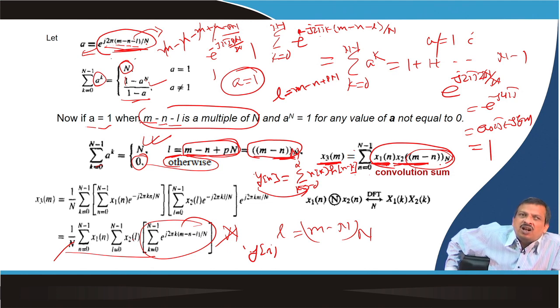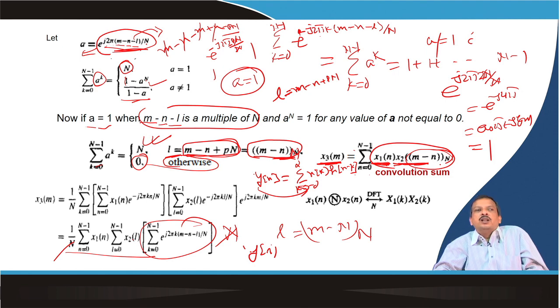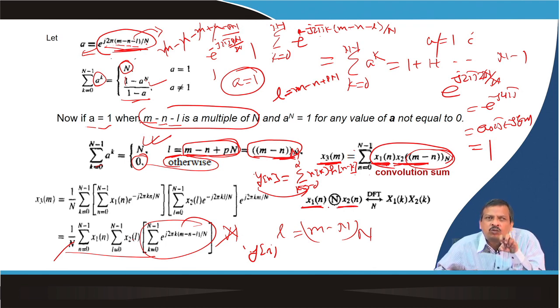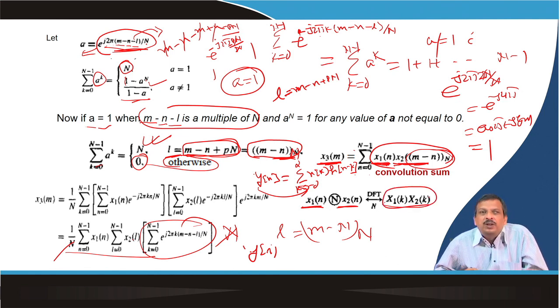So, what can I depict from this proof? I can say that if I have two signals x1n and x2n, and I compute the circular convolution in the time domain, the DFT of that is nothing but a frequency domain multiplication of the two frequency domain signals.